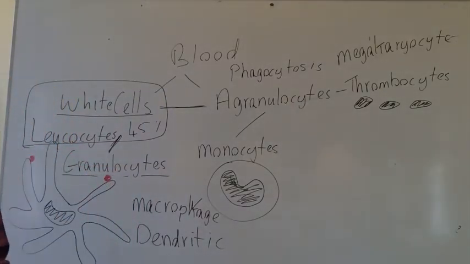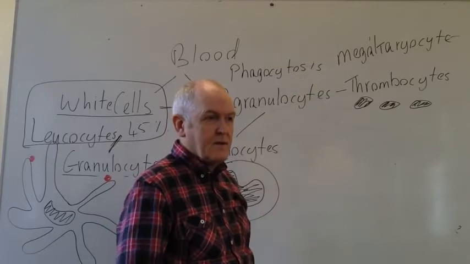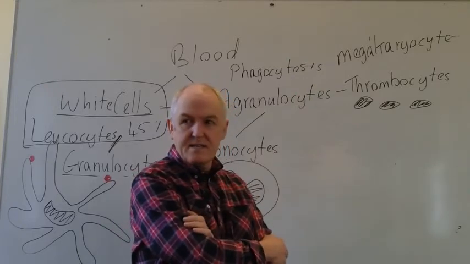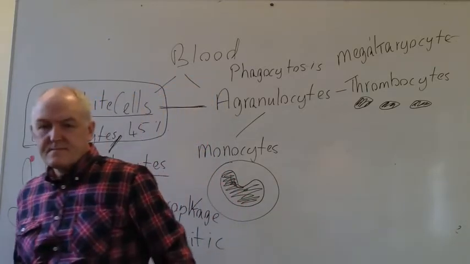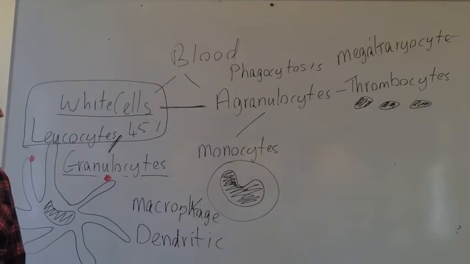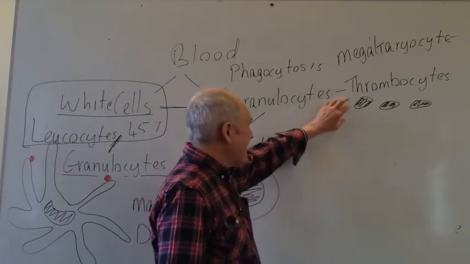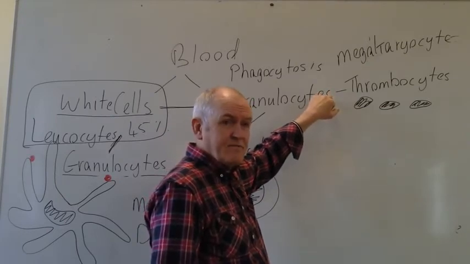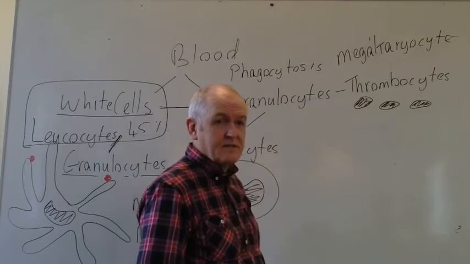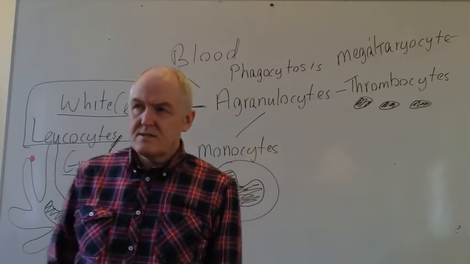And the thrombocytes are absolutely essential for blood clotting. The thrombocytes facilitate blood clotting. If you take aspirin to reduce the coagulability of your blood, it's the aspirin that's affecting the platelets, it's affecting the thrombocytes, making them less likely to initiate coagulation.